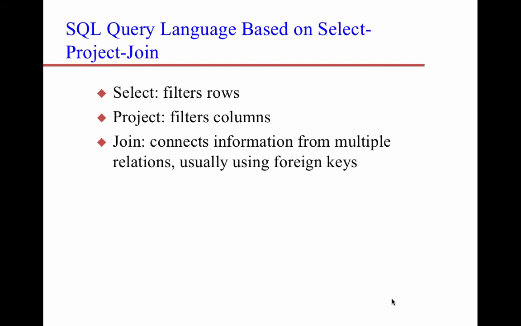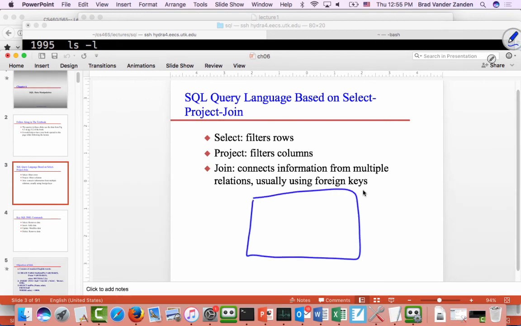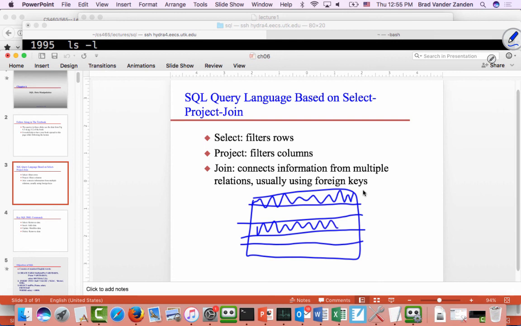And the relational model boils down to 3 fundamental operations. Select, which filters the rows. So I might want all people with salaries greater than 100,000. If I have a relation and I have some number of rows, then select is going to select some number of rows.